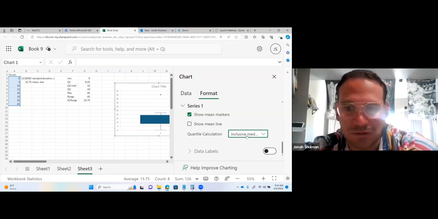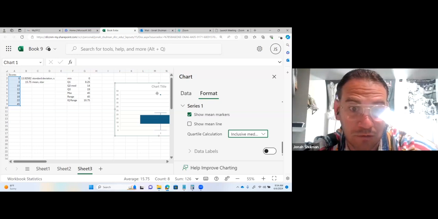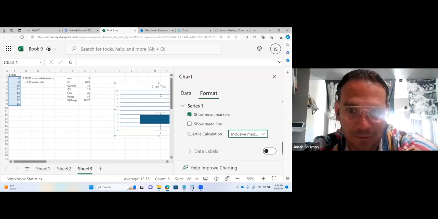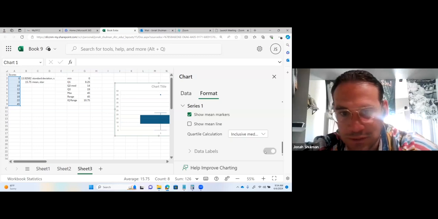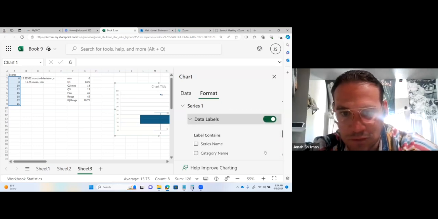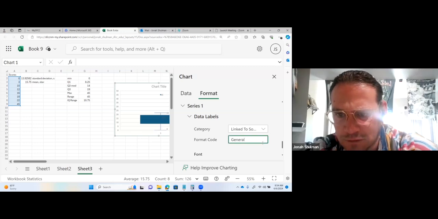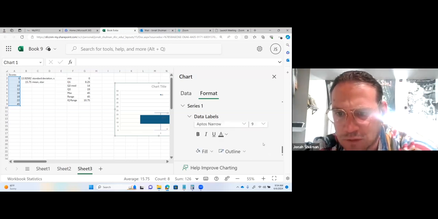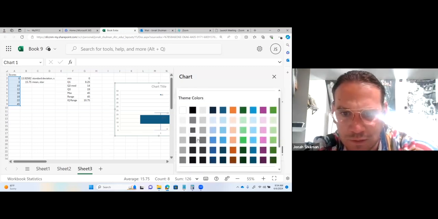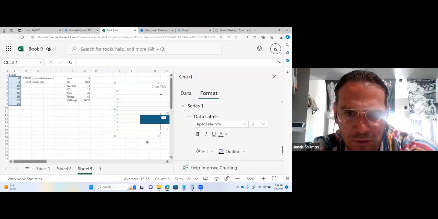So as soon as I included the median, as soon as I included that middle number, what did it throw out? It threw this out as the outlier. Isn't that wild? I'm also going to turn on data labels. What does that do? It shows me what all my values are. I'm just going to put a white fill around them so I can see all the values.